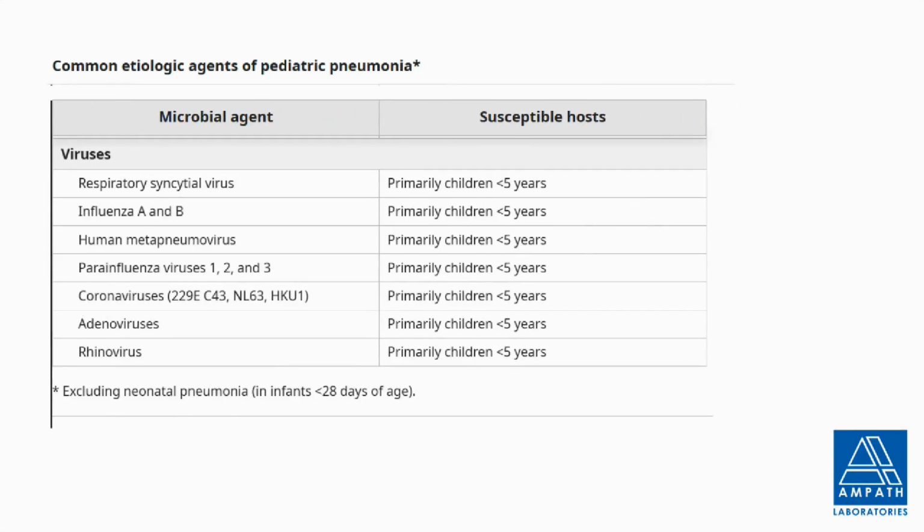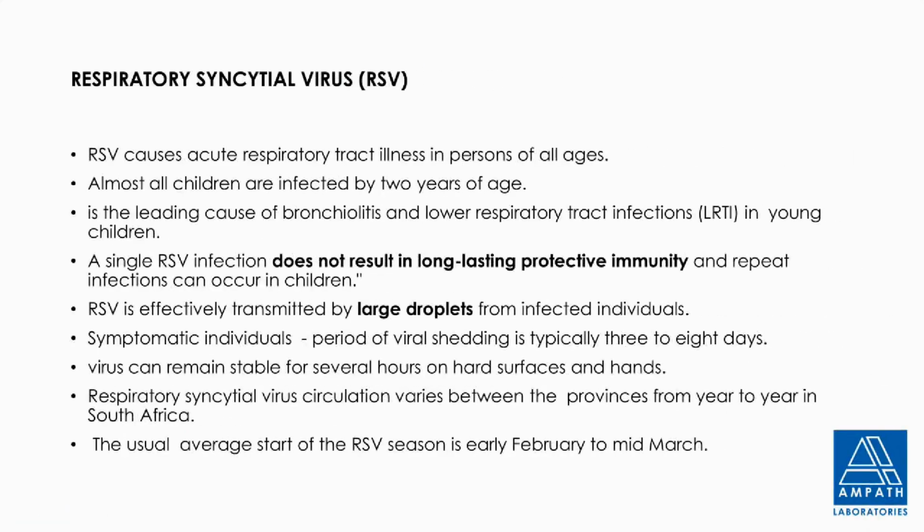To note that your common viruses can also cause pediatric pneumonia, generally in those under 5 years of age, and I'm sure these are the ones that will be admitted to hospital and have a severe course of events.